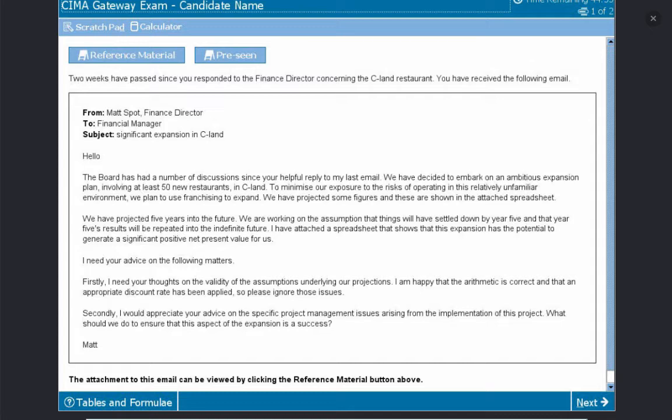Firstly, I need your thoughts on the validity of the assumptions underlying our projections. I'm happy that the arithmetic is correct and that an appropriate discount rate has been applied, so please ignore these issues. Secondly, I would appreciate your advice on the specific project management issues arising from the implementation of this project. What should we do to ensure that this aspect of the expansion is a success?